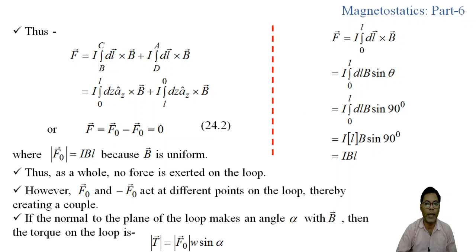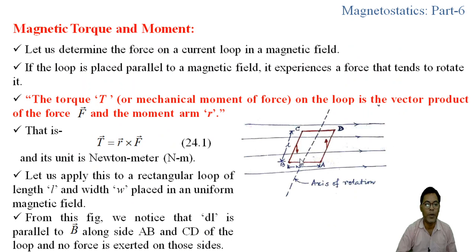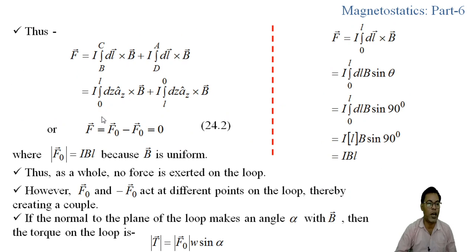Now again, if you look at the diagram, if you start from B to C, so we can say from 0 to L, and if we move from D to A, then it will be L to 0. So that is why the limit is considered 0 to L, and in the second case that is L to 0. So this term, I integration of 0 to L dz az cross B, we have considered as F0.